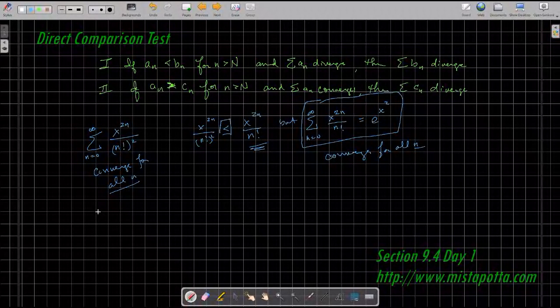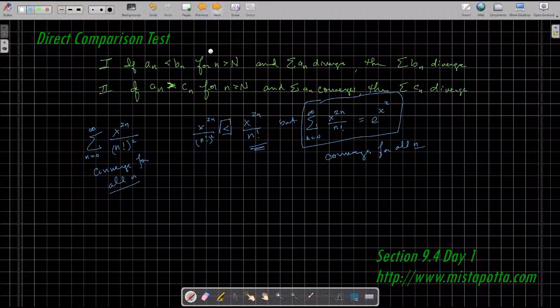Now, of course, that also means that if I come up with a series that's larger than a series that I know diverges, then it has to diverge as well.